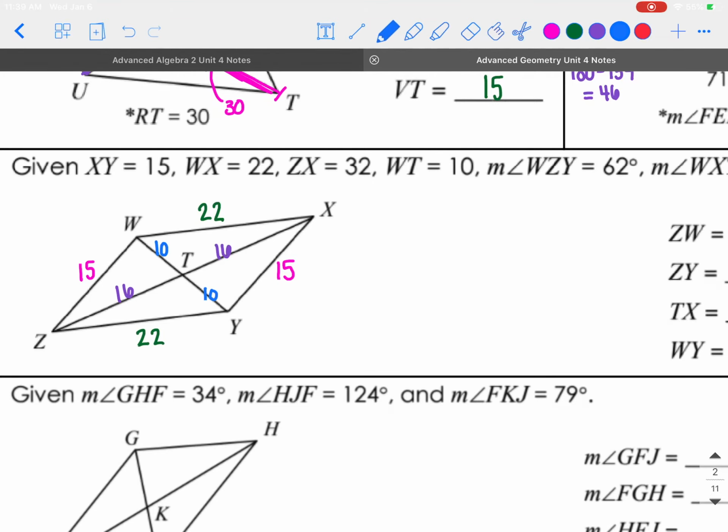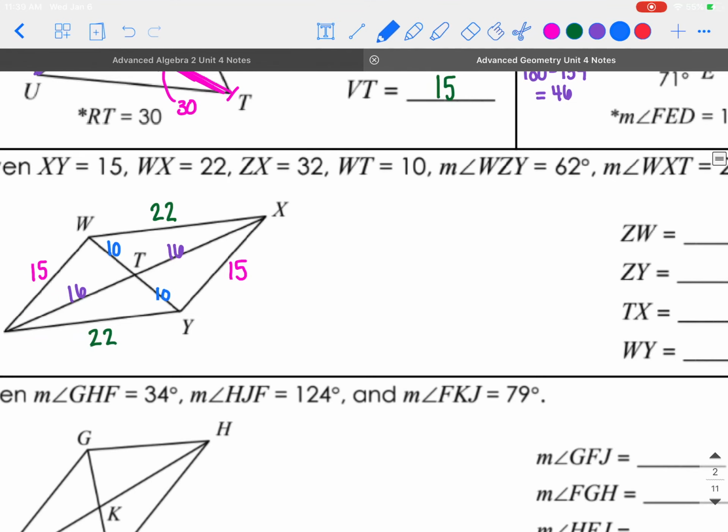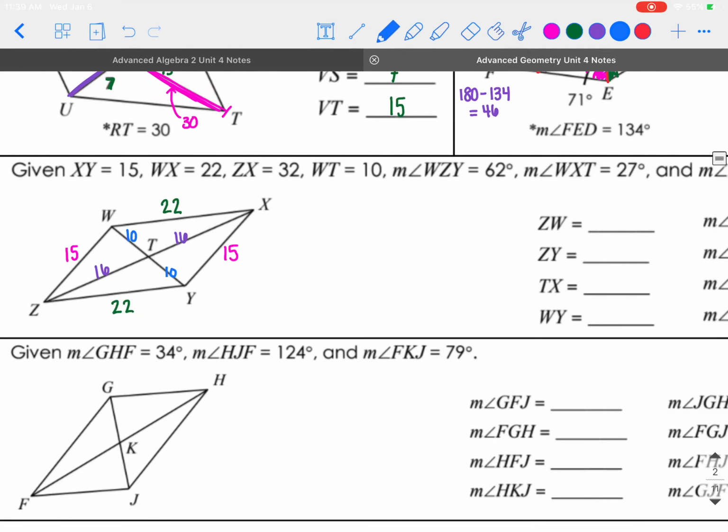So I've just labeled. What I'm going to do is, because I don't have a ton of room, I'm going to go ahead and answer the questions that have to do with the side lengths and those segment lengths, and then I'm going to erase and we'll do the angle parts. So ZW is 15, ZY is 22, TX is 16, WY is 20. 10 and 10 is 20.